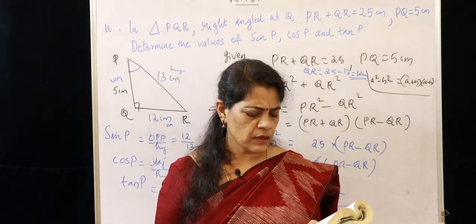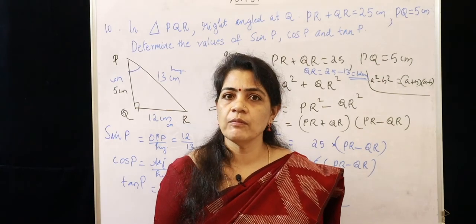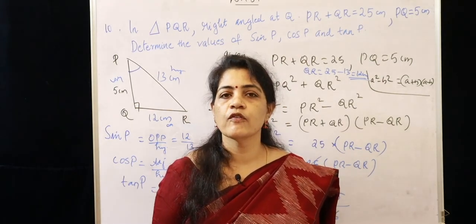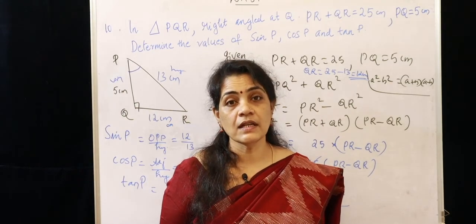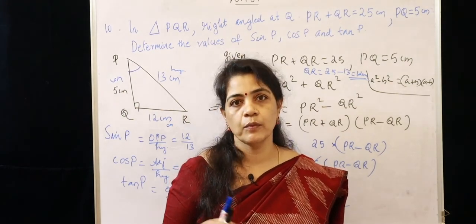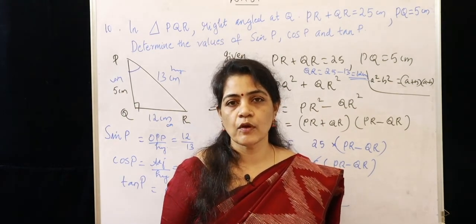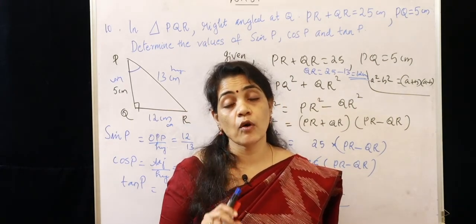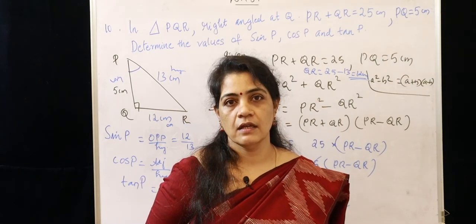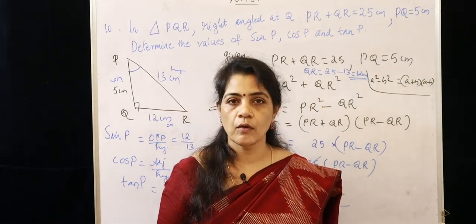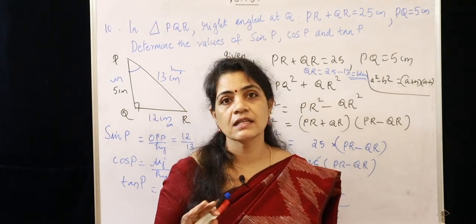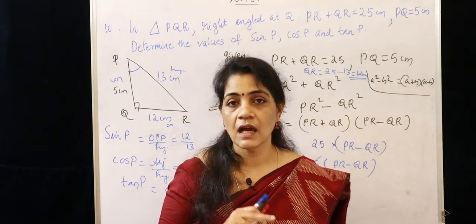See children, this is 12 by 5, and I already mentioned that cosec is the reciprocal of sin A. Sin A means opposite side by hypotenuse. So, take the reciprocal means hypotenuse divided by opposite. That means it will always be an improper fraction, because the longest side is the hypotenuse, so that comes in the numerator.